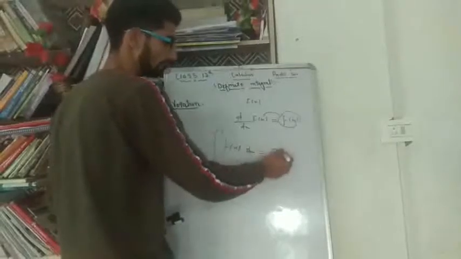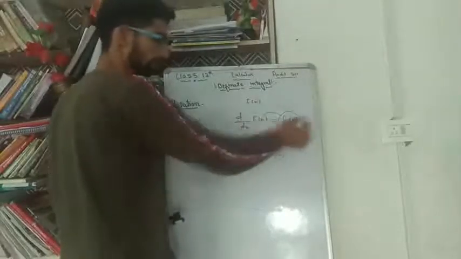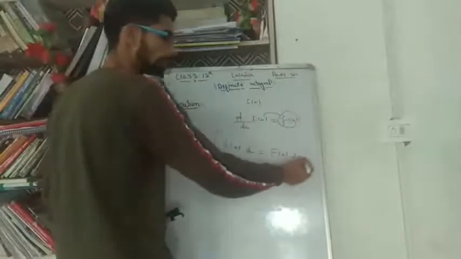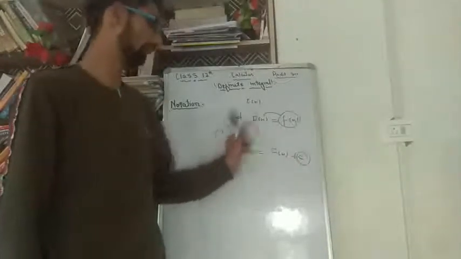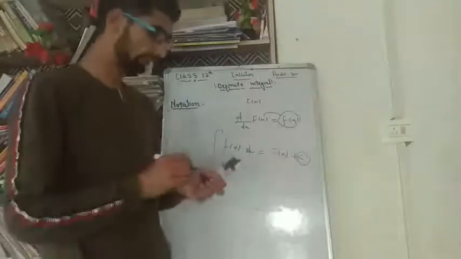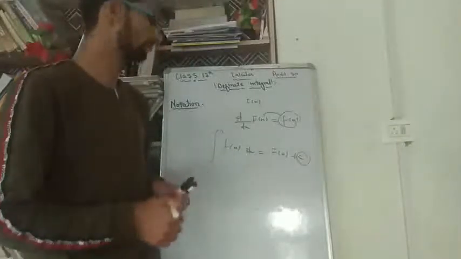If d by dx of F of x is equal to f of x, we write it as F of x plus c, where this c is added because it gives us infinite solutions, and by this c we are saying that the indefinite integral is not unique.